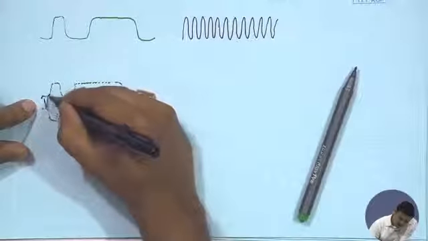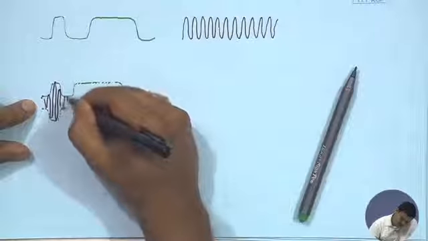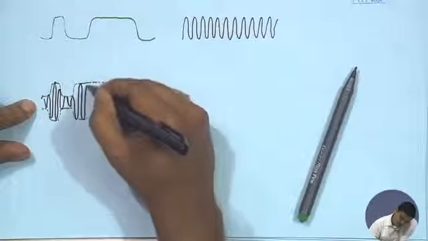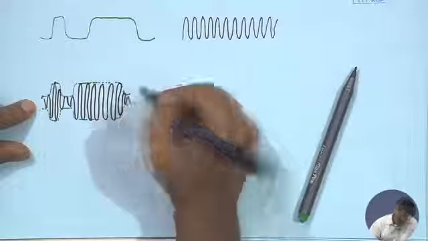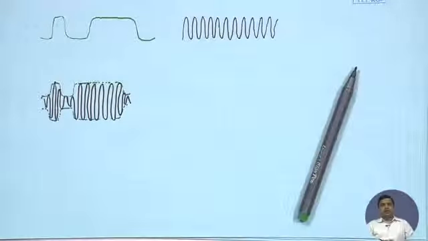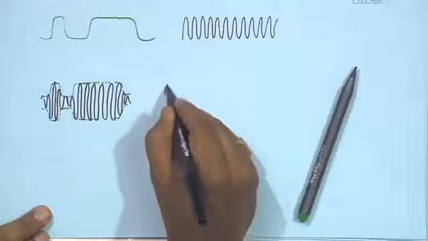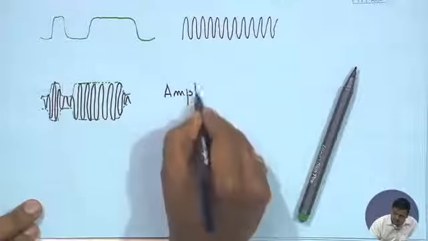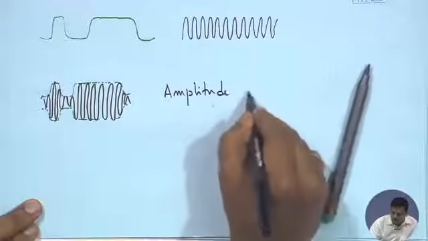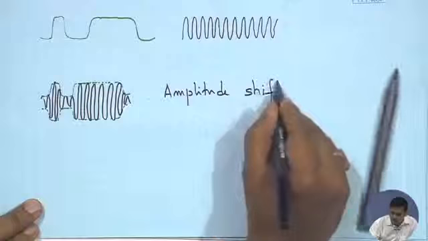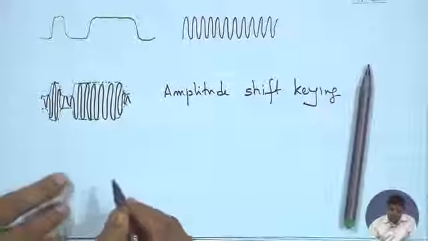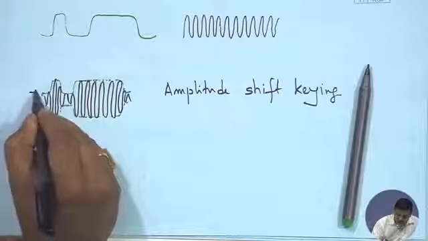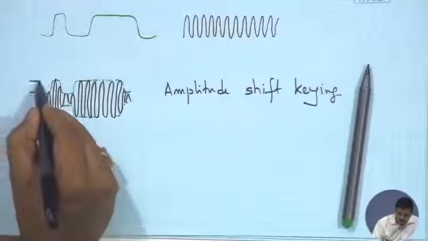And then it is just the earlier amplitude modulation that I could be using, and my new modulated signal would be like this. So this is no different than amplitude shift keying. What it says is that you shift the amplitude from one level to another level.